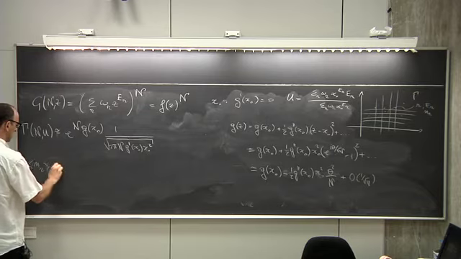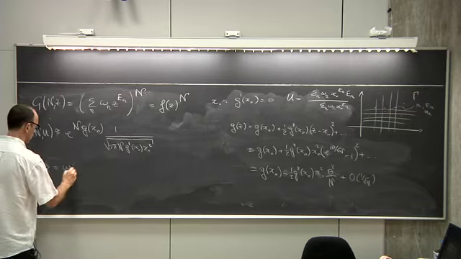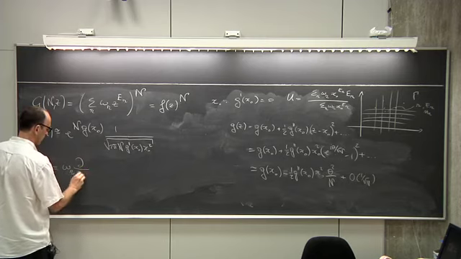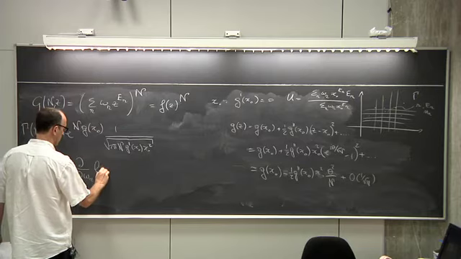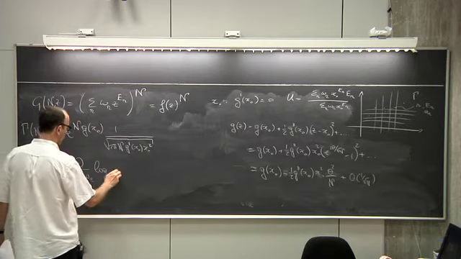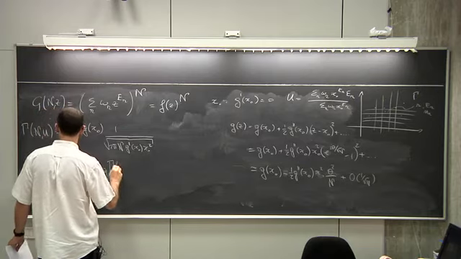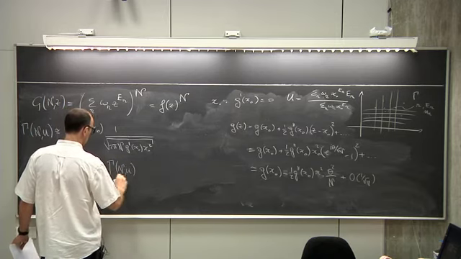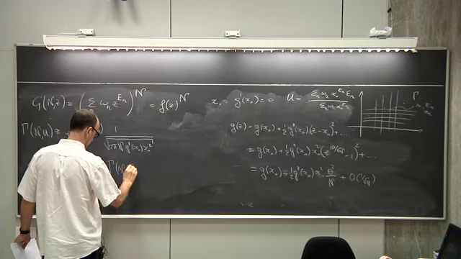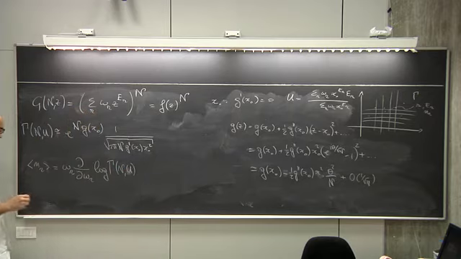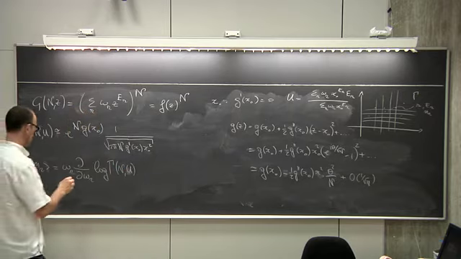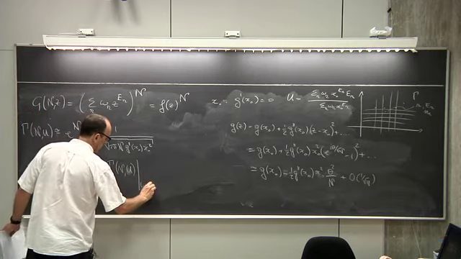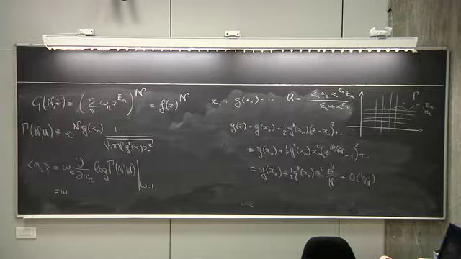And what we said is that this thing should be given by omega r times the derivative with respect to omega r of the log of this gamma of n and u. And then I should compute this putting all the omega equal to 1.